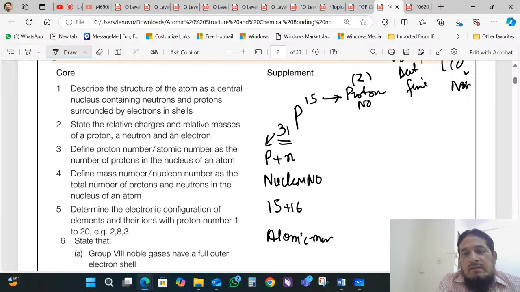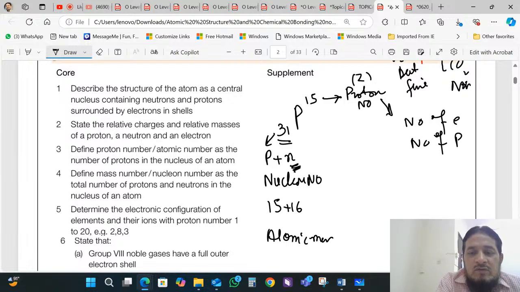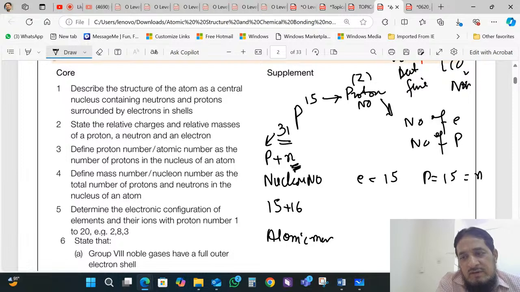The proton number gives us the number of electrons and the number of protons, and the neutron number we can find from here. In the case of phosphorus, the electrons will be 15, protons 15, and neutrons 16. In an atom, the electrons and protons are equal, so the atom is known as a neutral particle.